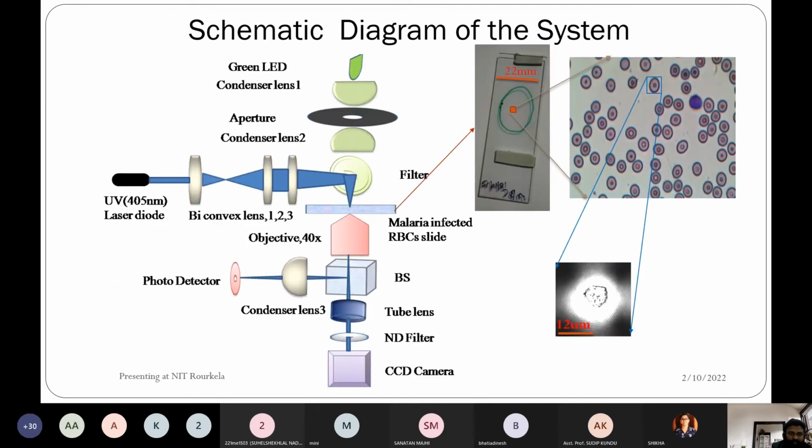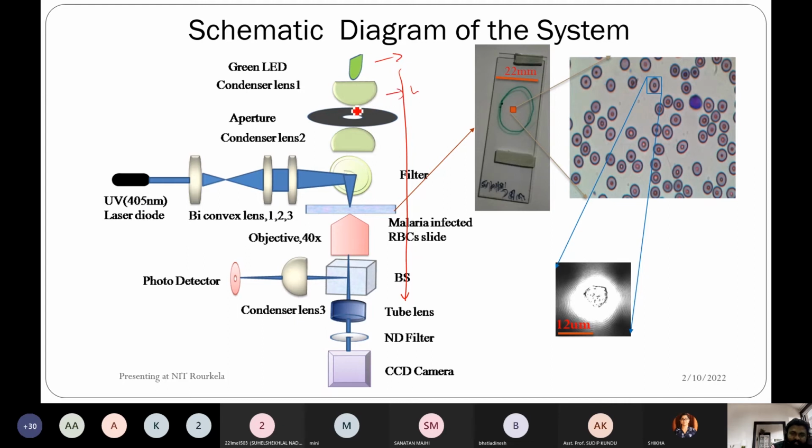This is the schematic diagram of the experimental setup. The vertical line is the transmittance custom built microscope. If you are an instrument person and want to know each component: this is the LED source used for imaging, and the condenser lens.